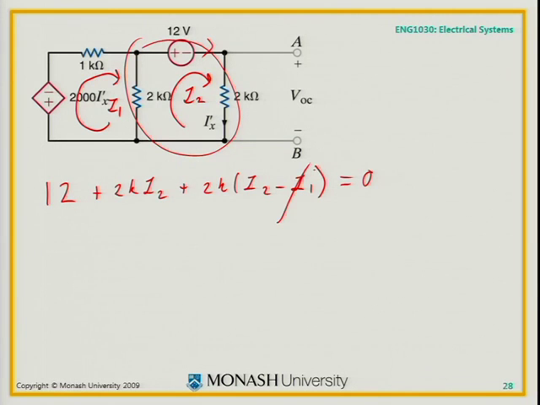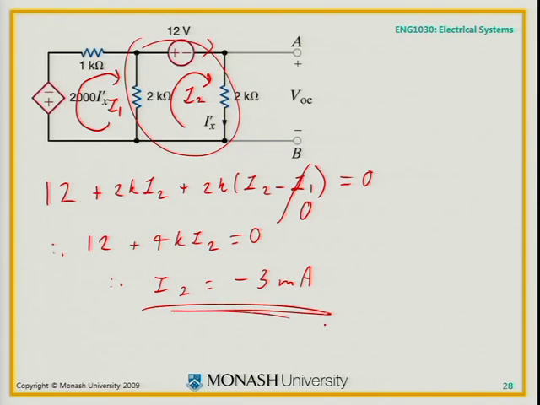That I1 was 0, I just worked that out. Therefore, 12 plus 4k I2 equals 0. Therefore, I2 equals minus 3 milliamps. So loop current I2 is minus 3 milliamps, and I1 is 0.